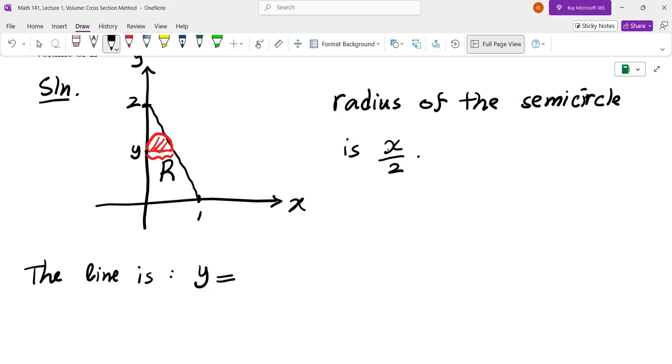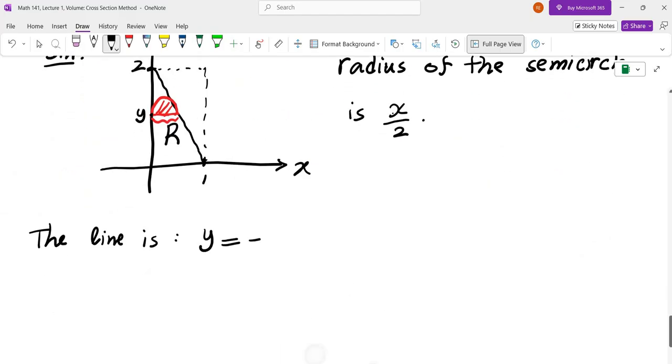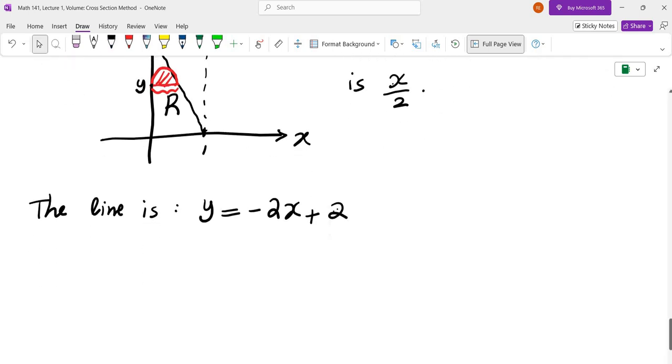The slope is rise over run. So rise is 2 and run is -1, so it is -2. And what is the intercept? This intercept is just 2. And you can easily see that if you plug in 1, you get 0. And if you plug in 0 for x, you get 2 for y. So this is in fact the line going through those points.